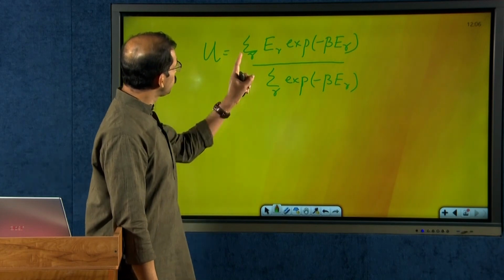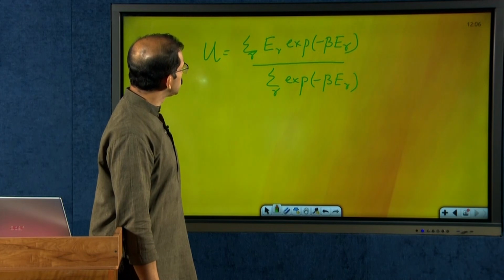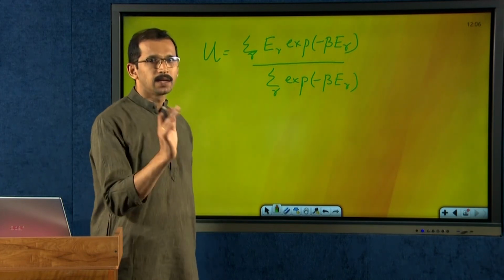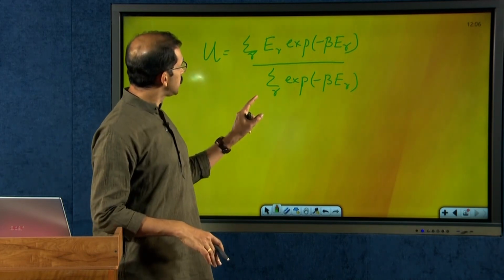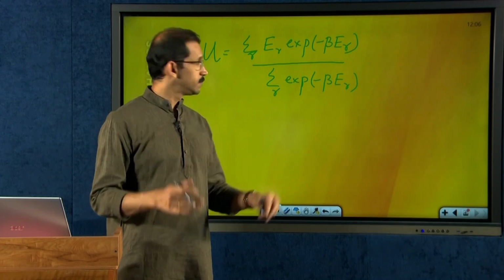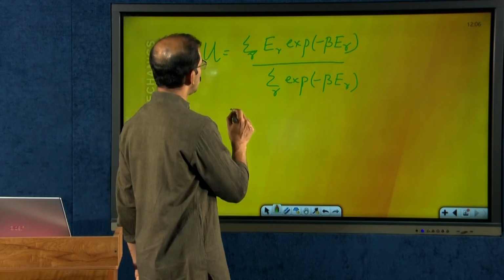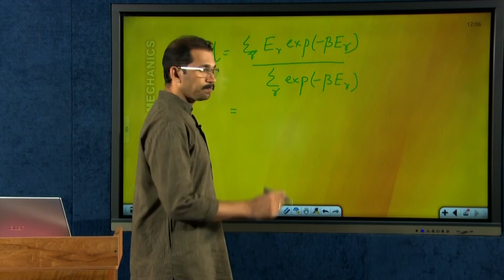Now, if we look into this expression, my mathematical experience tells me that I can express this function as a differential. A differential of what? A differential in terms of beta.